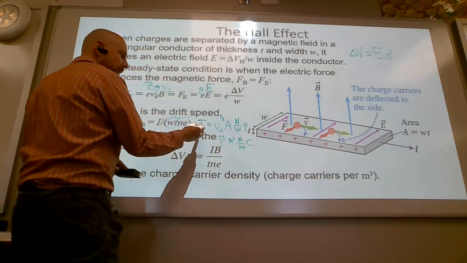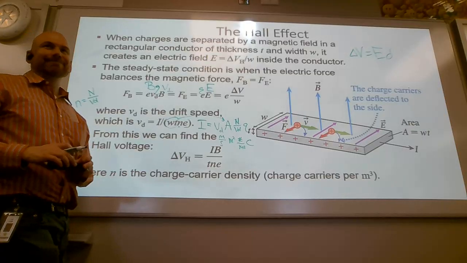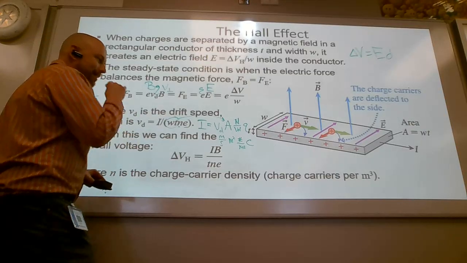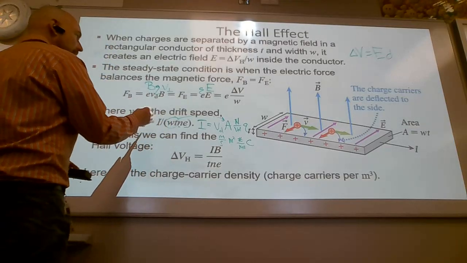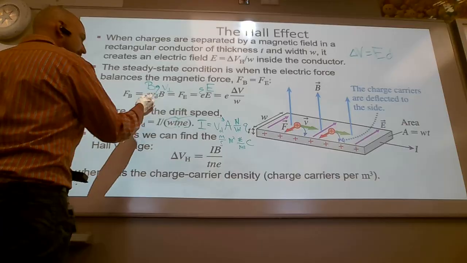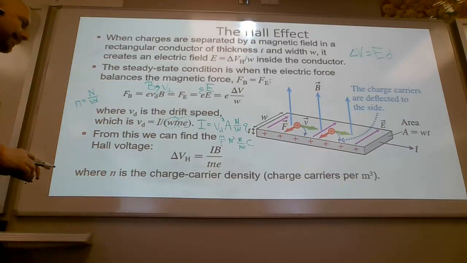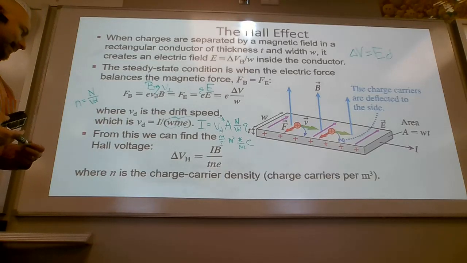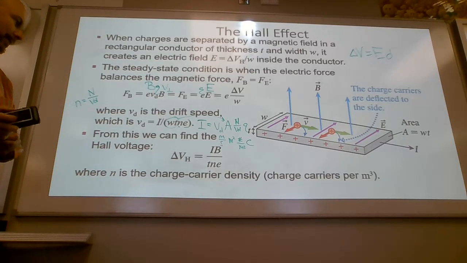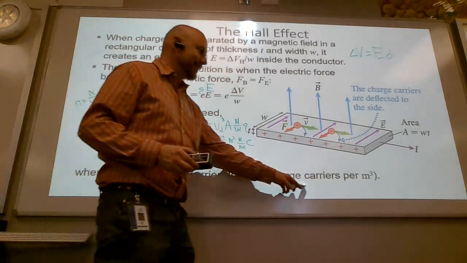So I get coulombs per second, which is an amp. Okay. So we used that there, and then substituted that out, and we get that. Charge carrier density.